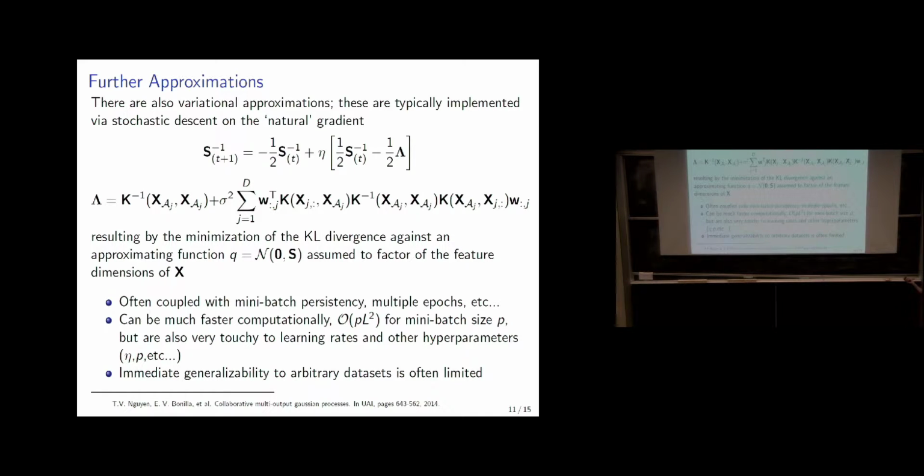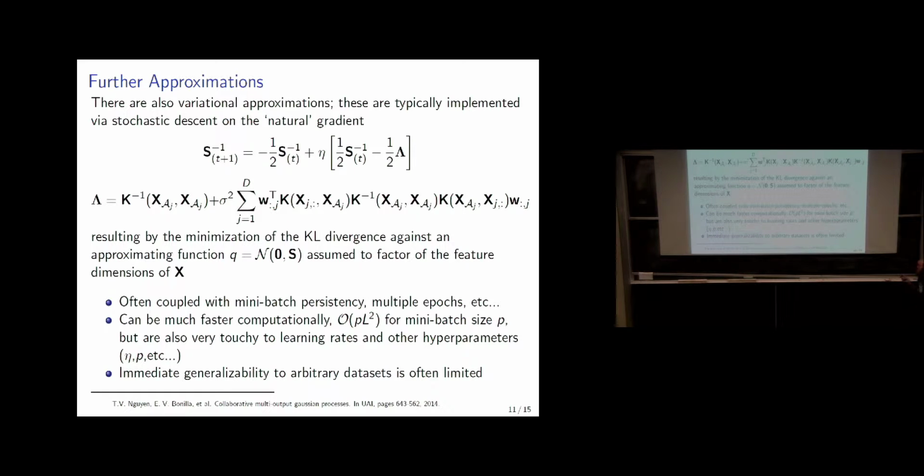You can couple this with mini-batch persistency, multiple epochs, whatever your favorite stochastic gradient method happens to be. And we've now reduced the computational time down to PL squared for a mini-batch of size P, which they do sometimes mention P should be greater than L, but it can certainly be less than.